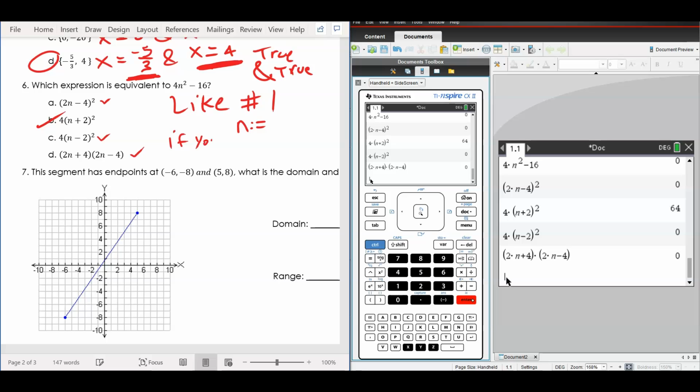So if you get multiple answers, define a different number.